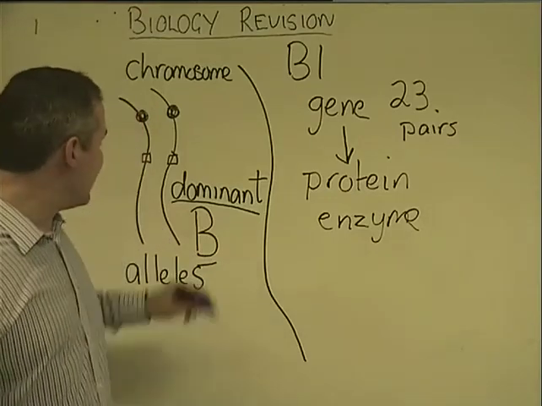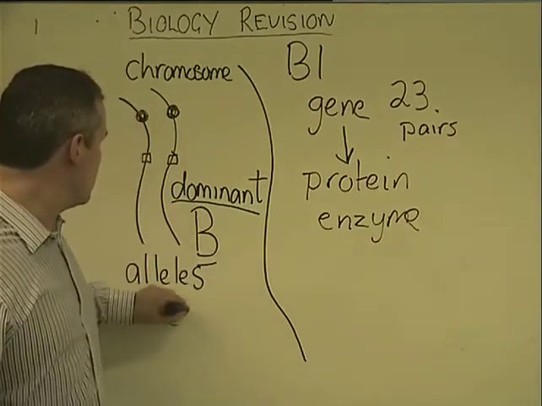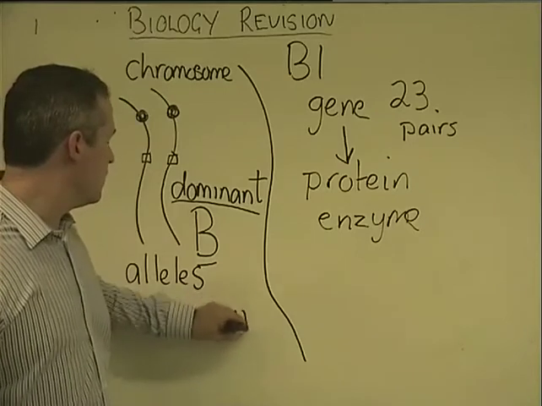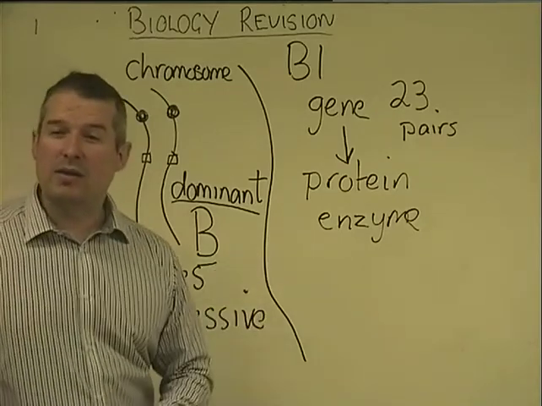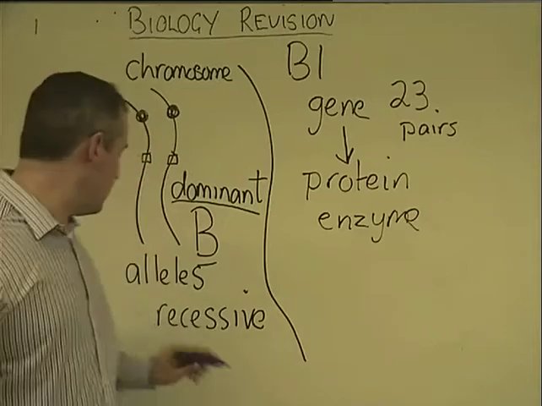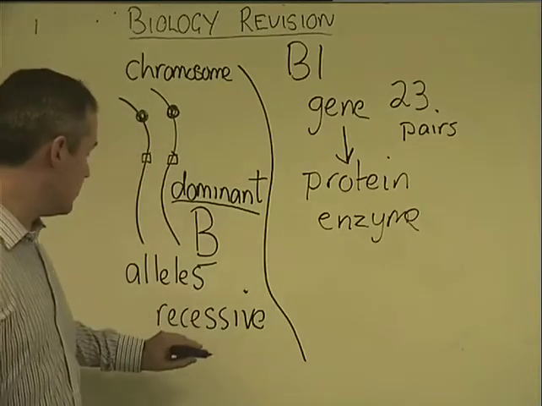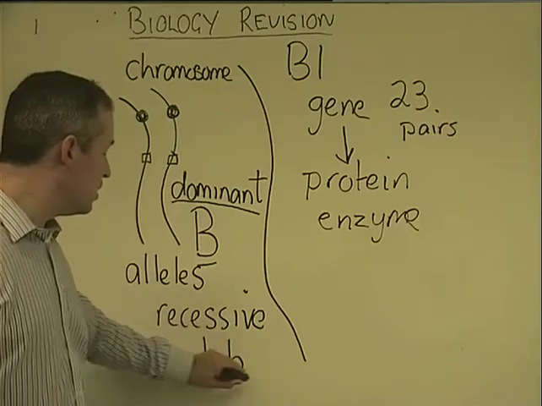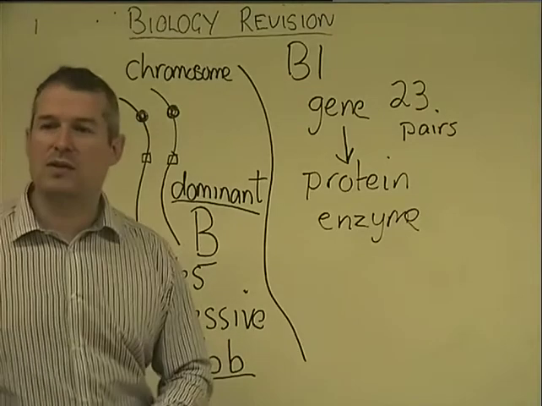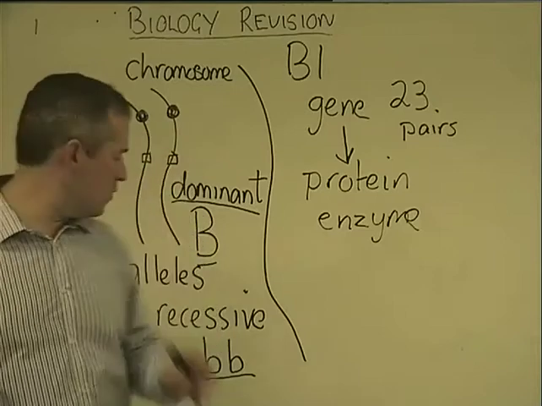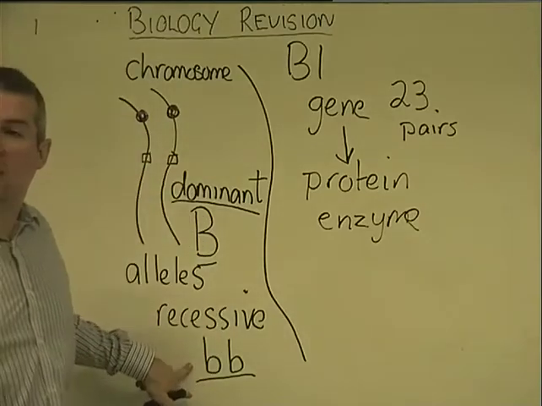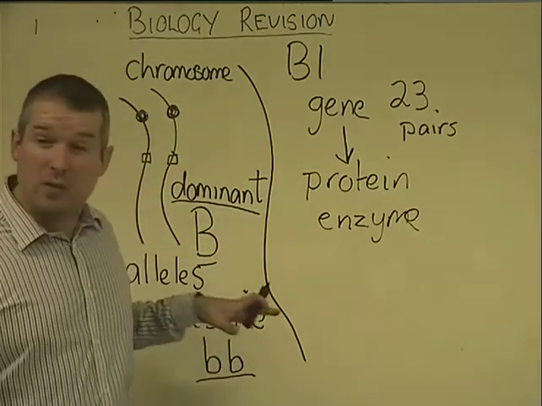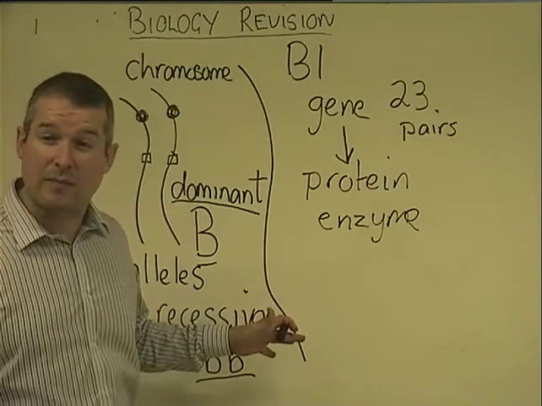The other type of allele is called a recessive allele. Now a recessive allele will only show itself if there are 2 of them present. So for instance, if I used a b to represent a recessive allele, you would only actually see the effects of a recessive allele if 2 of them were actually present, like so. Certain diseases, such as cystic fibrosis, are caused by a recessive allele.